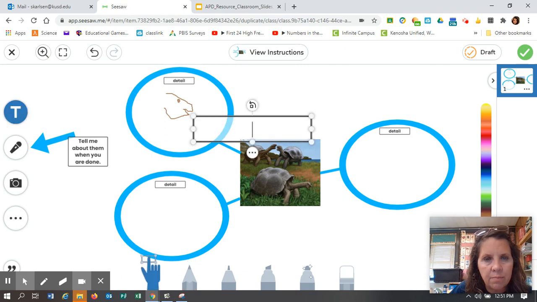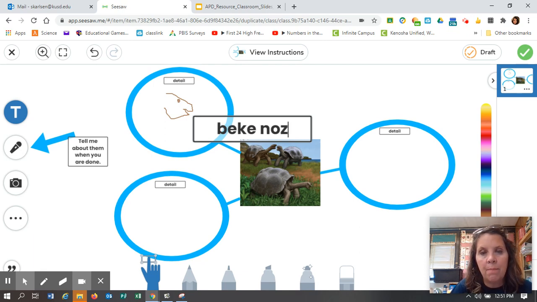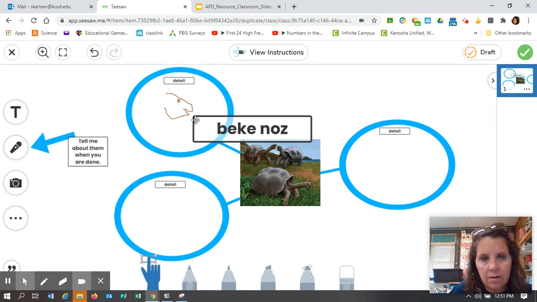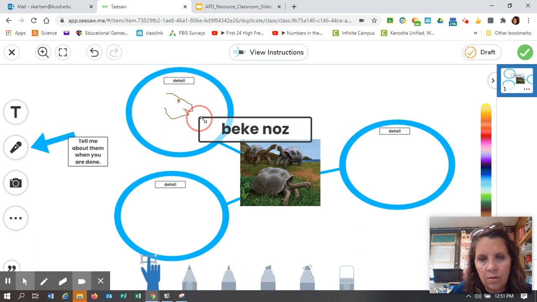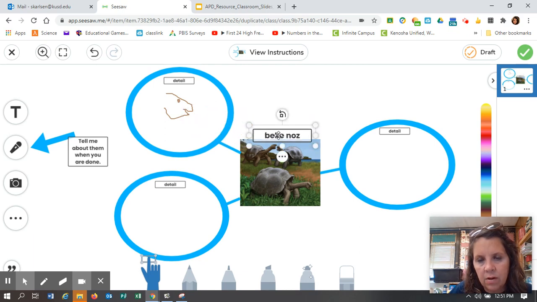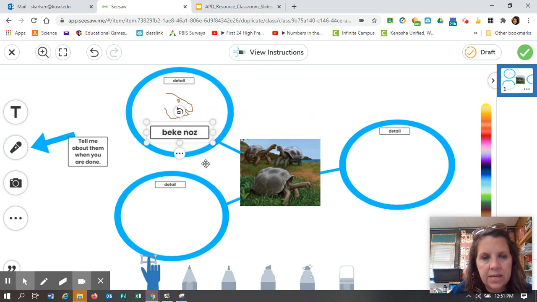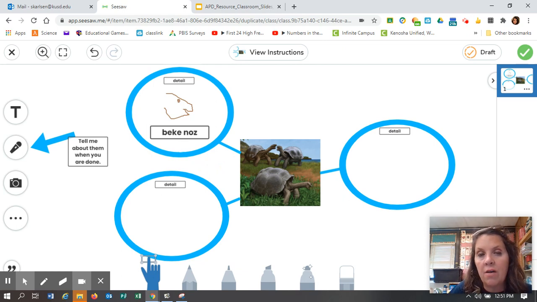I'm going to try to write beaky nose. I hear B, E, beaky nose, n, o, z. I hear Z. Beaky nose. Well, that's a little too big, so I'm going to click out here, and I'm going to pull these in to be a little smaller and move it over here. Beaky nose.